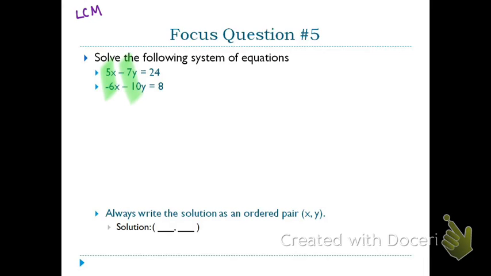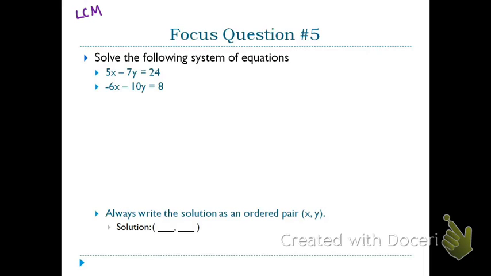Well, 5 and 6 multiply to be 30, versus if you take 7 and 10, those don't have anything in common, so they multiply and you get 70. Either way, it ends in a 0, but let's stick with the x's for now, because that's easier.